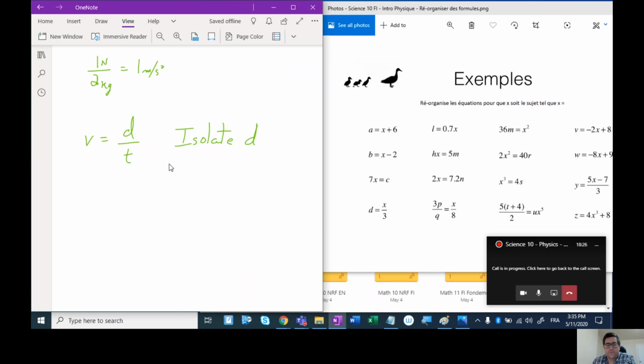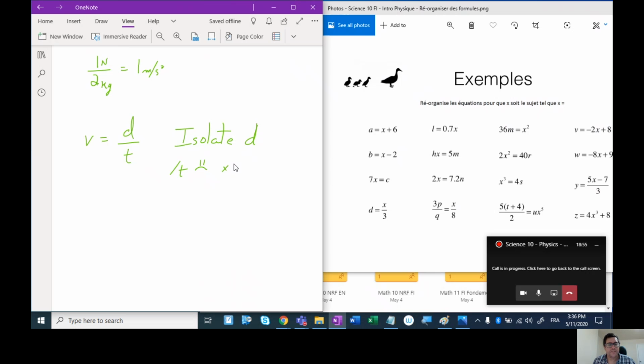We don't want to divide d by t. In fact, if d was not divided by t, we would be happy because that job would have been done. What's the opposite of dividing by t? Multiplying by t.